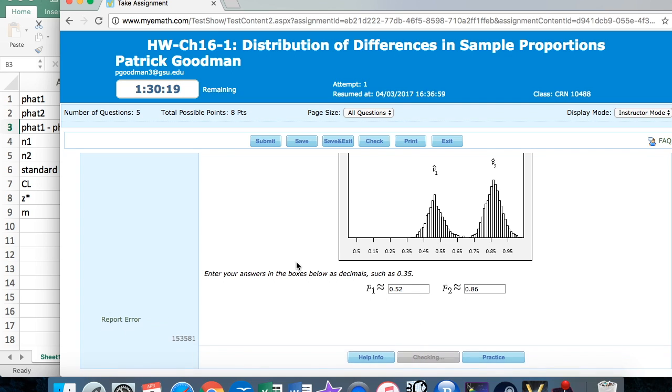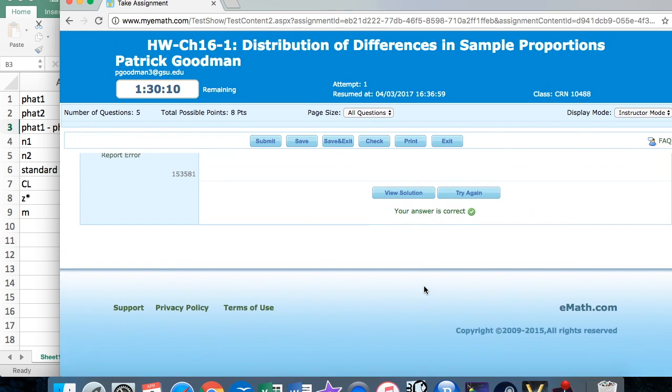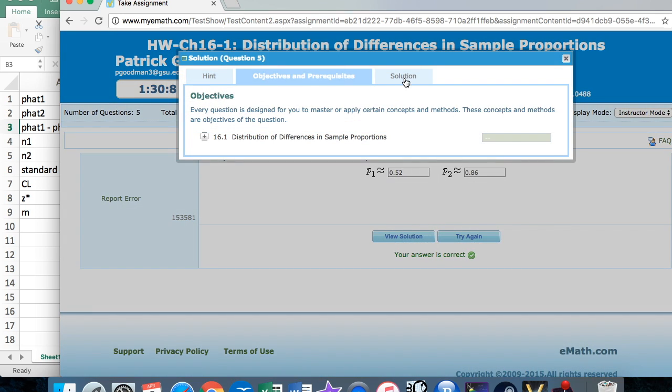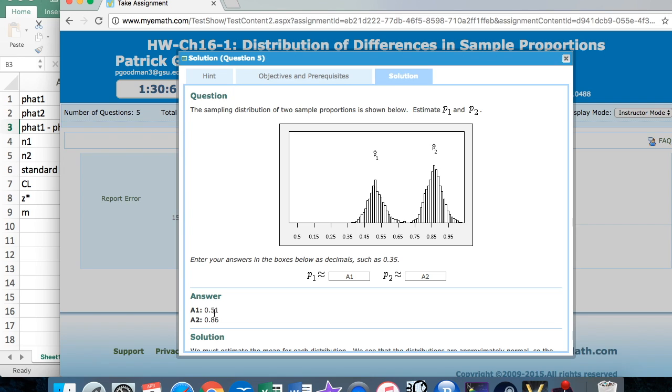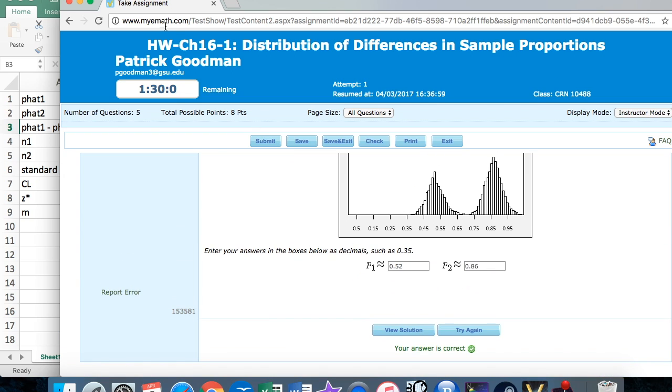So let's just see if it has to be pretty exact. Okay, so it still lets you. It still is a little free with you, I guess. See, their solution was 0.51. So I guess you just get it close, like in the general vicinity. I don't think it's too strict, but that's just how you do those guys.